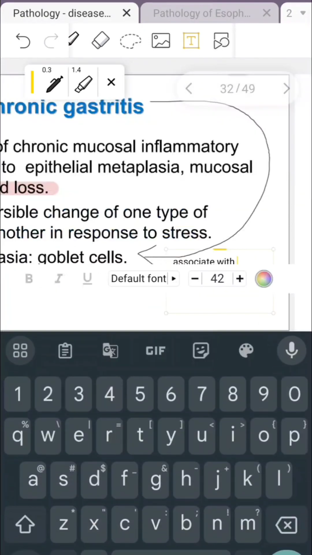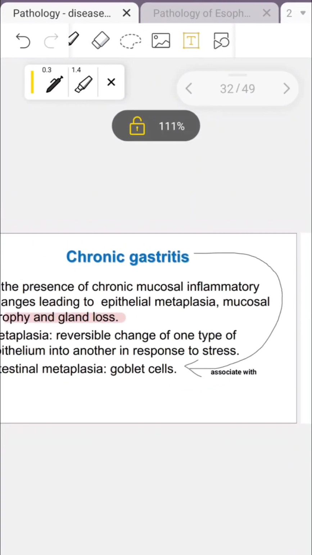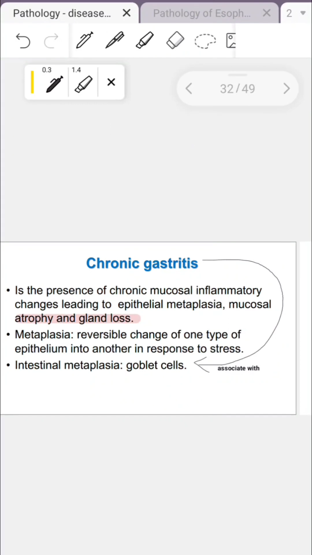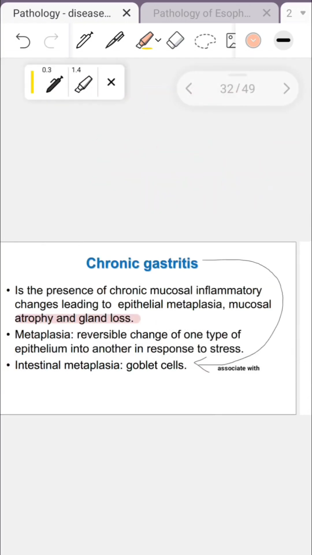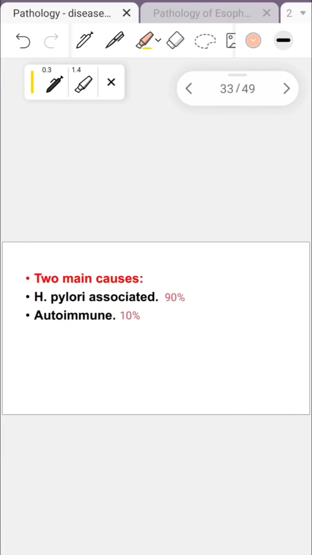The pathological metaplasia is related to chronic inflammation, related to irritation. تمام، يعني اكو فد cause، اكو فد pathology، اكو فد disorder. And it can be recognized by goblet cell metaplasia. These are the two main causes.